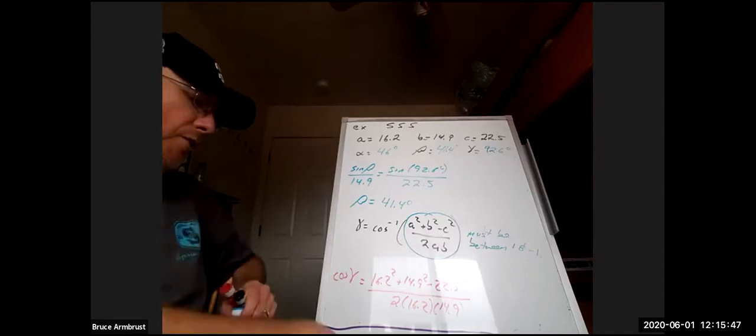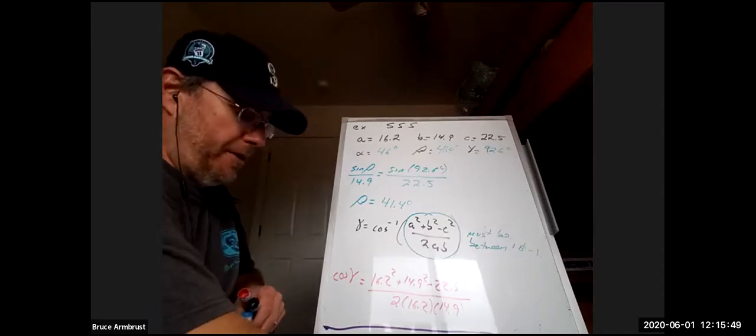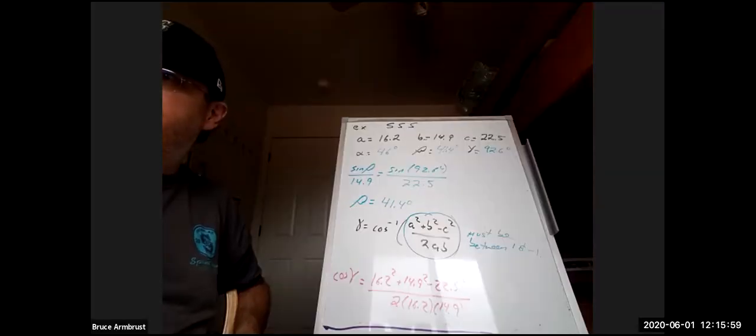Okay, so this might feel a little bit weird, because you would say to yourself, hey, Bruce, you just said side, side, side, we're guaranteed to find a solution. It's one of the congruence classes, everything's good.